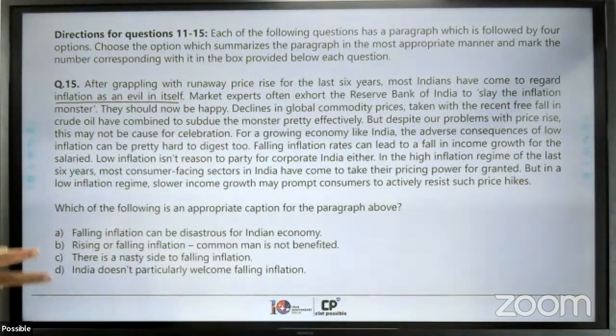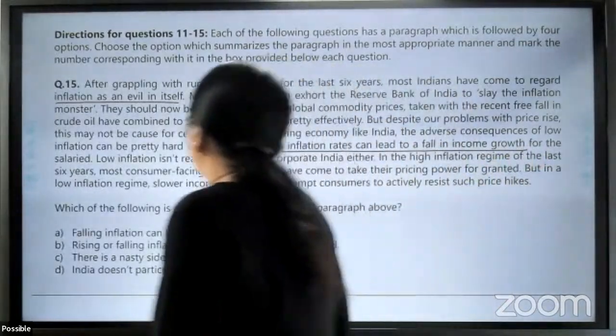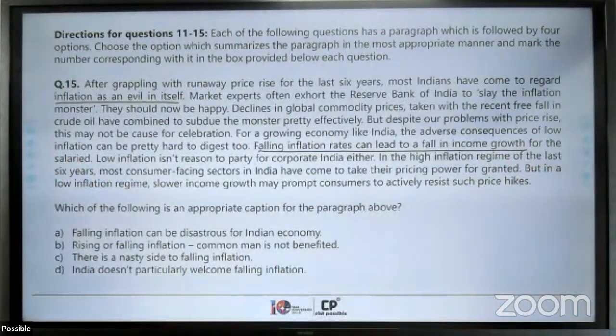First is inflation as an evil in itself, but falling inflation rates can lead to a fall in income growth. Low inflation isn't the reason to party for corporate India either. Okay? That is the clear point that came here. So in a low inflation regime, slower income growth may prompt consumers to actively resist such price increases.